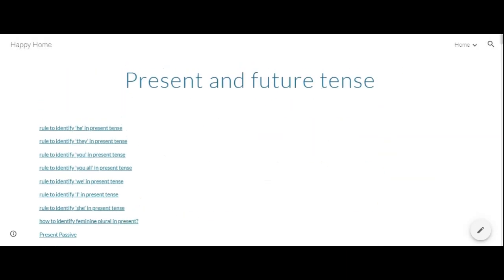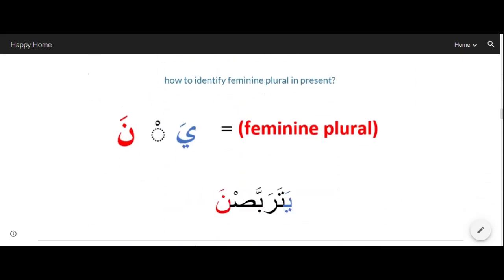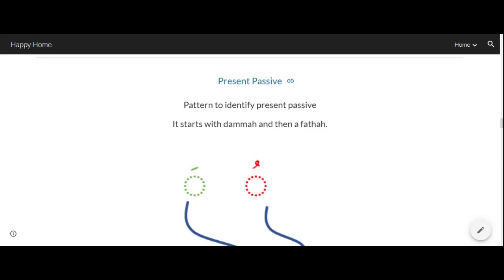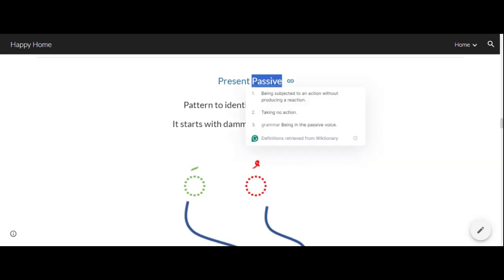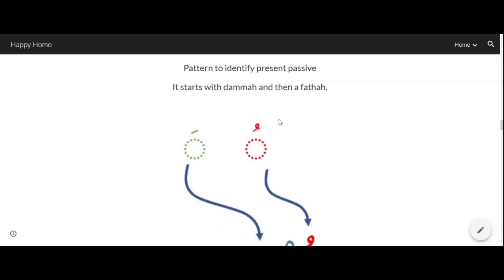Today we will see how to identify present and future tense. If we can just understand how the present passive works, then it will be easy to understand the present tense. And the present passive looks very similar to what we have done in the past.